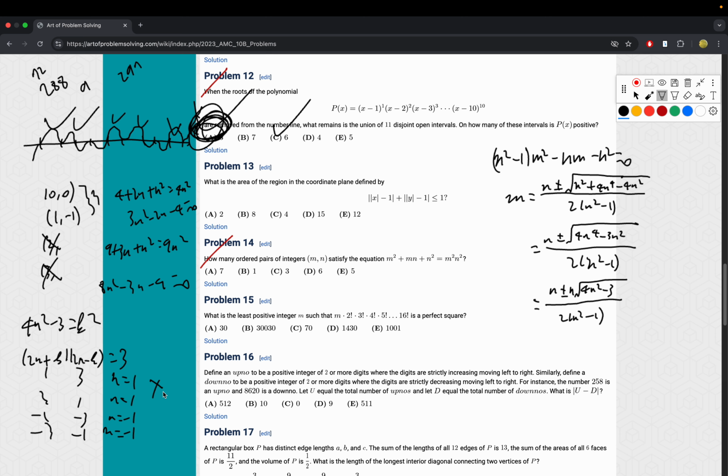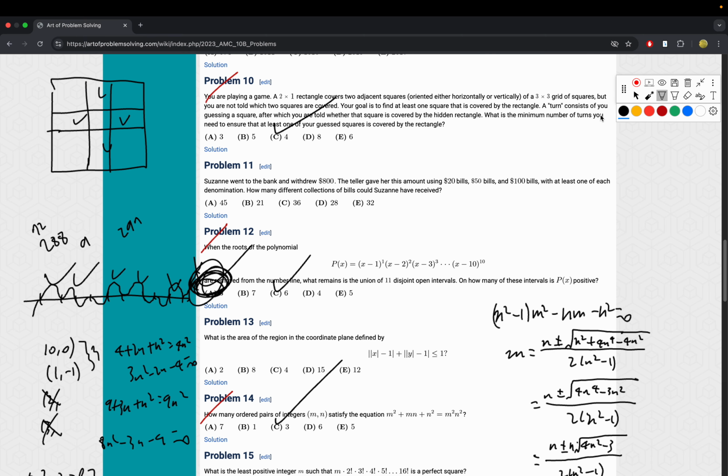K must be a positive number. This case, negative 1, works. This case doesn't work. So it only works if and only if n equals 1 and negative 1, and we counted that. Or when n equals 0, we just eliminate this one. So I think the answer is 3. That's the only choice. Let's check our answers.